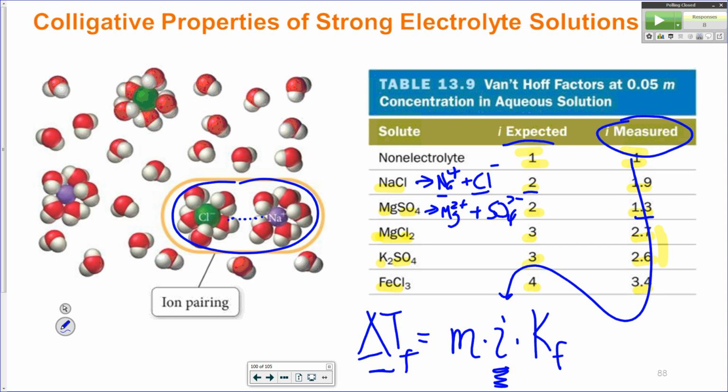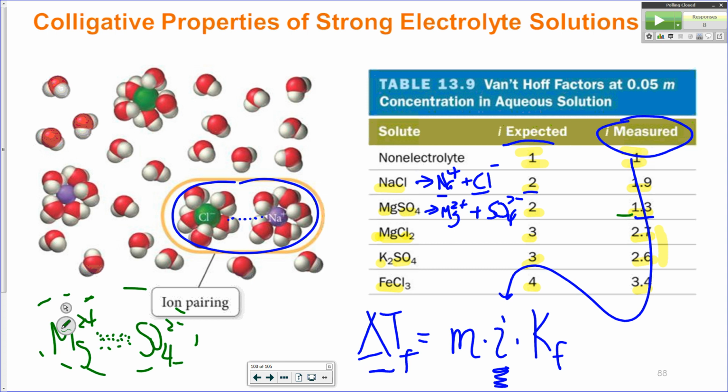So when you have a much stronger interaction, like magnesium sulfate, it causes a deviation. It has a very strong attraction because of the 2 plus, 2 minus charge. It doesn't act like it's 2 particles. It only acts like it's 1 1/3 particles. So that's what's causing the deviation. Okay.